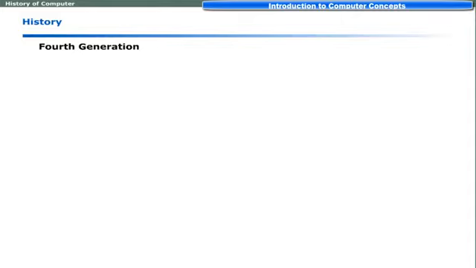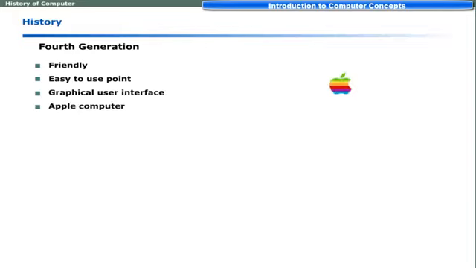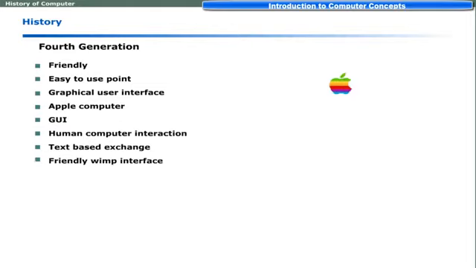Dear learners, the credit for today's friendly, easy-to-use, point-and-click graphical user interface goes to Apple Computer. GUI changed the human-computer interaction from a text-based exchange mode to a friendly WIMP interface.